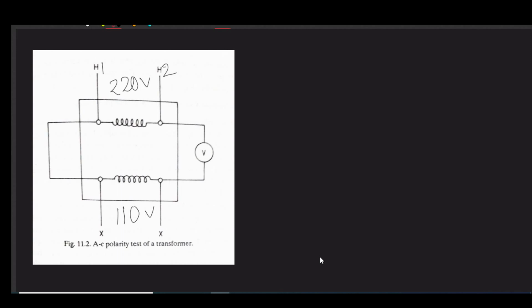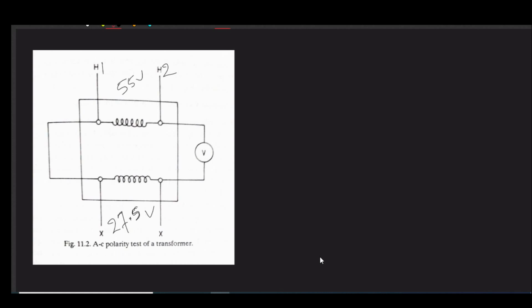And here we apply the full rated voltage or any voltage you can apply, not 220 volt, if you are hesitant you can apply even 55 volt also. Then by virtue of the 2:1 ratio you will get 27.5 volt approximately across your secondary side.